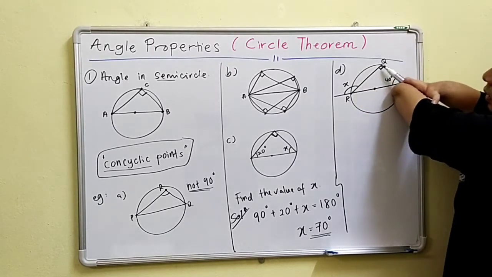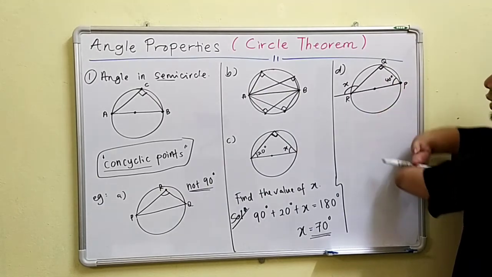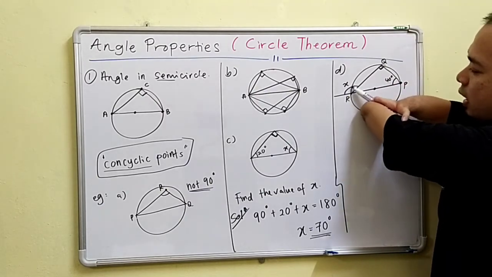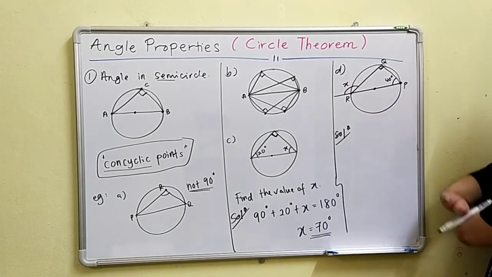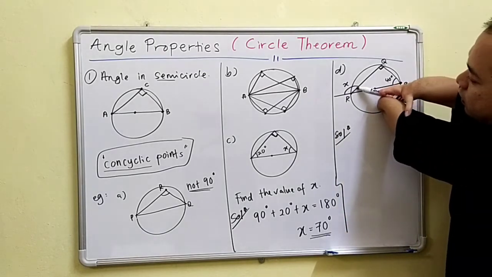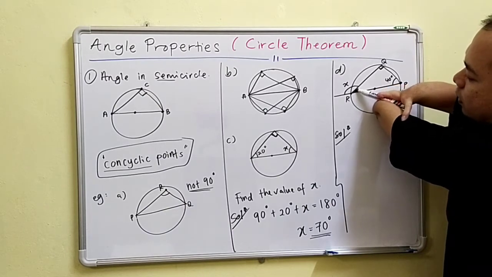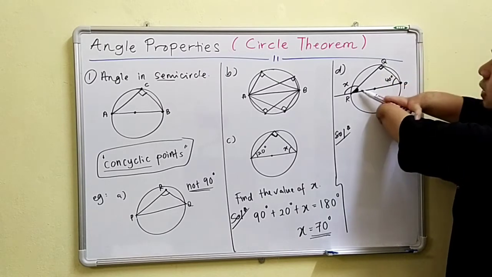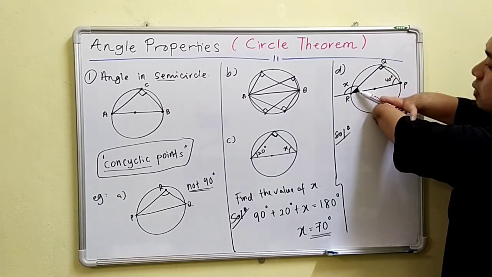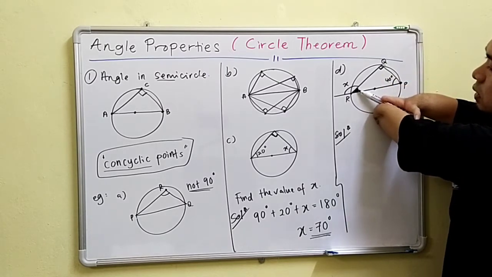Since we already know that the angle at Q is 90 degrees, in order to find the angle x, what you need to do is first find the unknown value over here. This is 40, this is 90, so we can easily find this part.